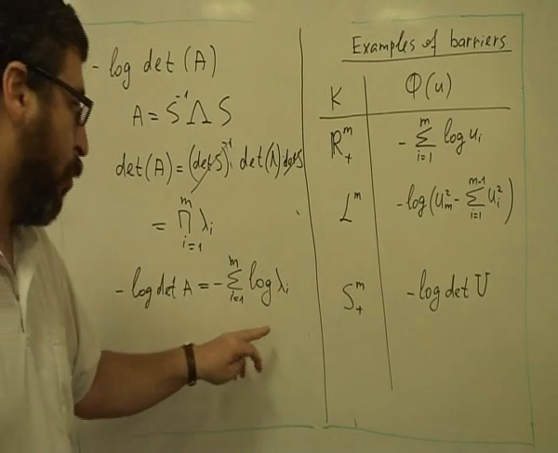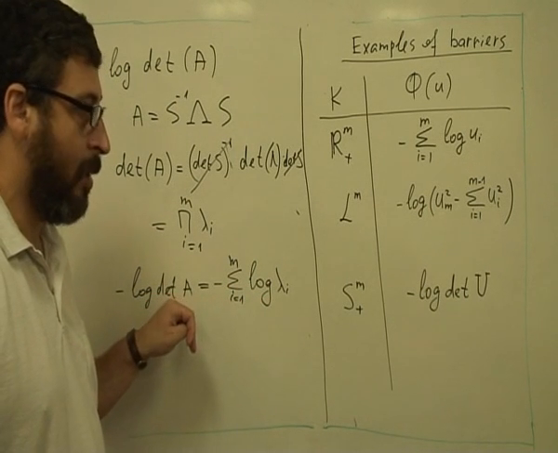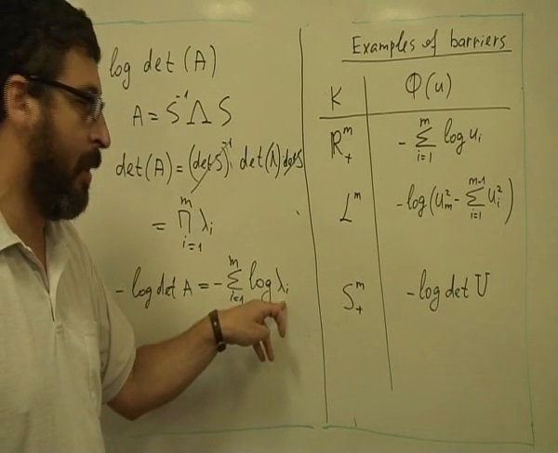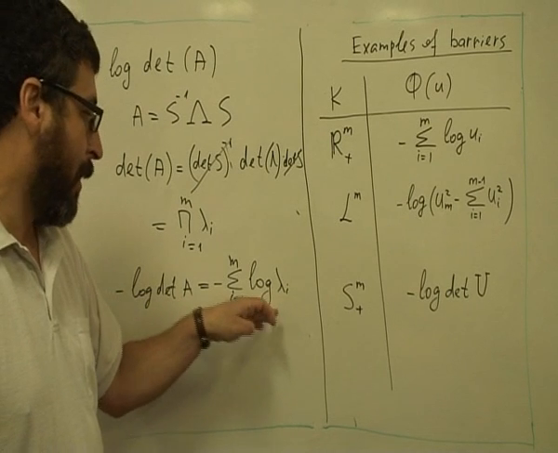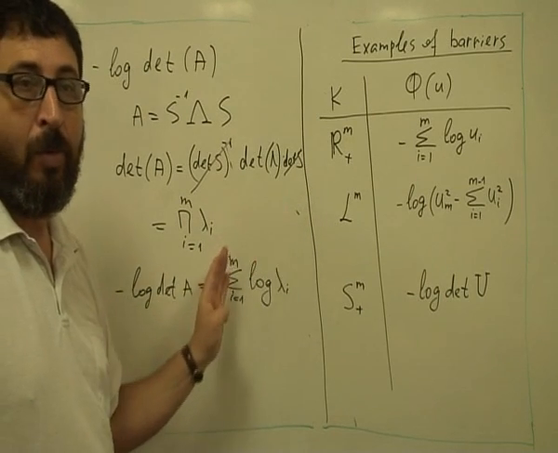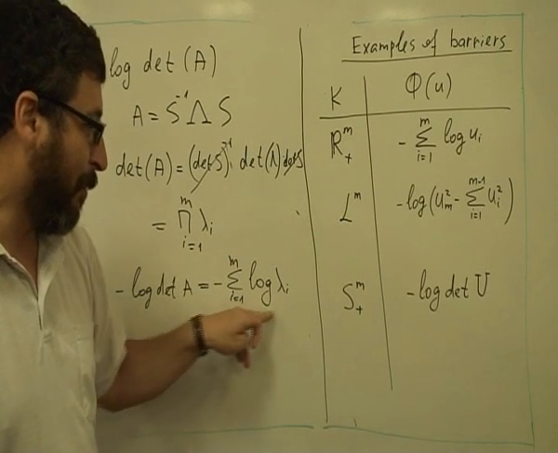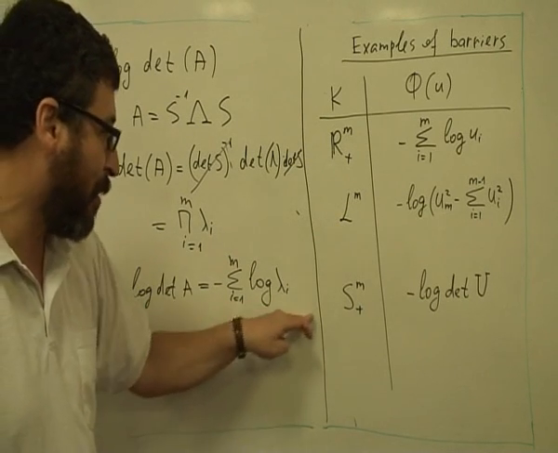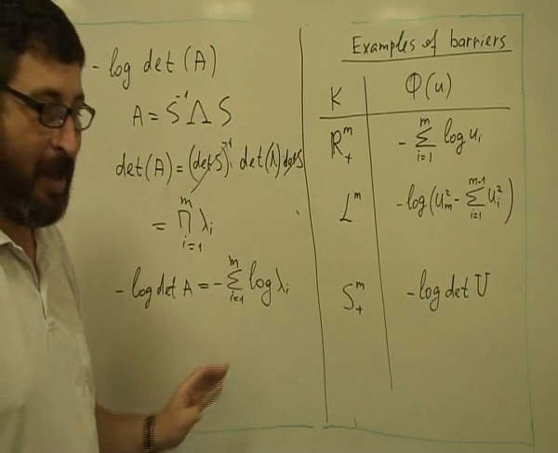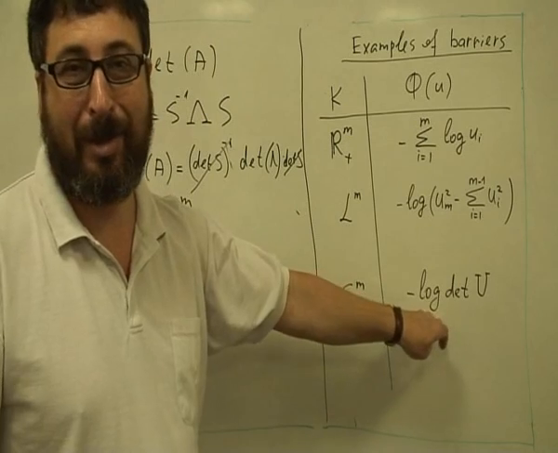And this formula shows us that if we started from some point where matrix A is positive definite, so all eigenvalues are positive, this barrier will prevent us from moving to the area where one of the eigenvalues becomes negative, because when we're moving to this area, we should cross the point when it becomes 0, and then this minus log will explode to infinity. So this really shows that this is a reasonable barrier.